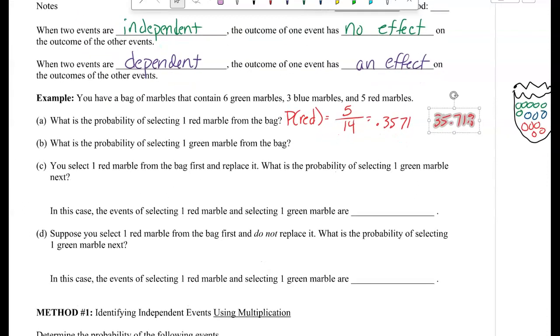It says, what's the probability of selecting one green marble from this bag? What's the probability of getting a green one? 6 over 14, which gives me what? 3/7, which is now what? 0.428, and I'd probably go to 6 decimal places here, just for that.